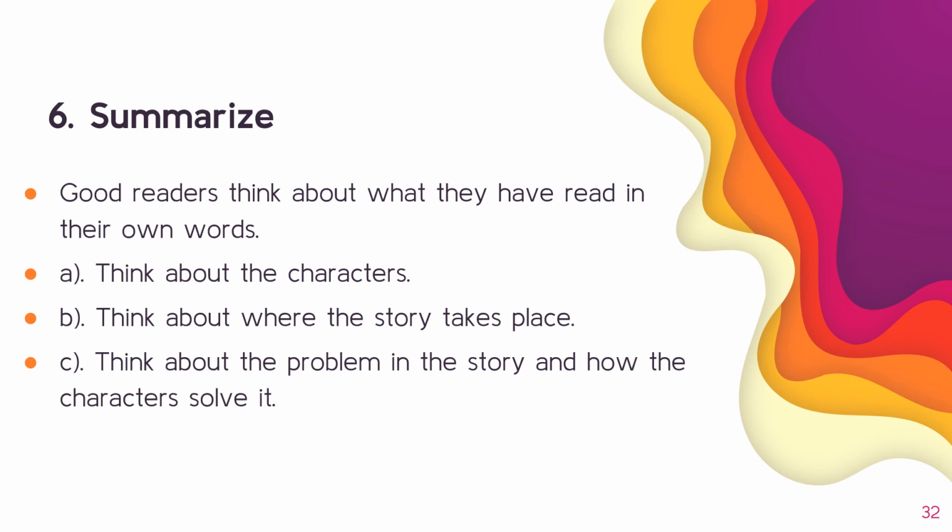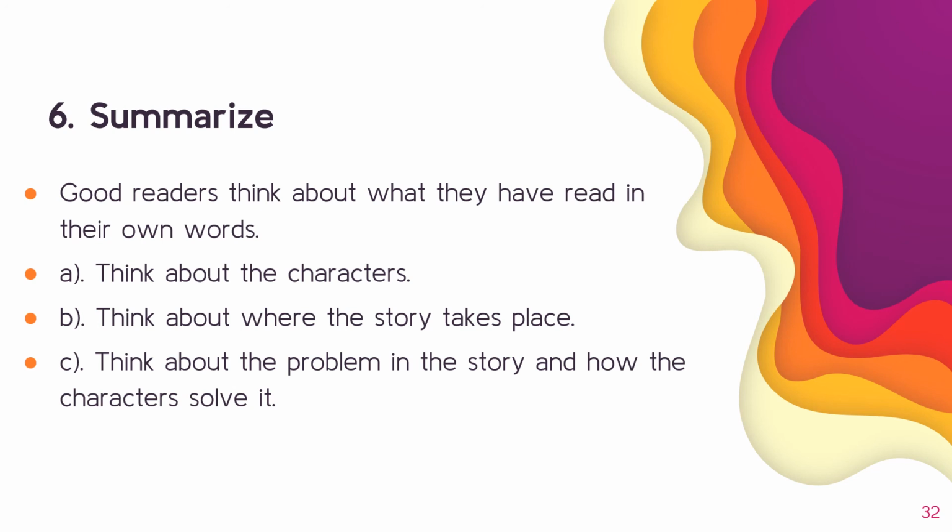Summarizing is the final stage in the reading process. Generally, good readers think about what they have read in their own words. Simply think about the characters. If you are, for example, reading a story, think about the setting of the story, where the story took place.